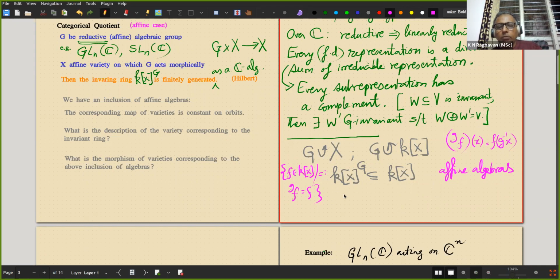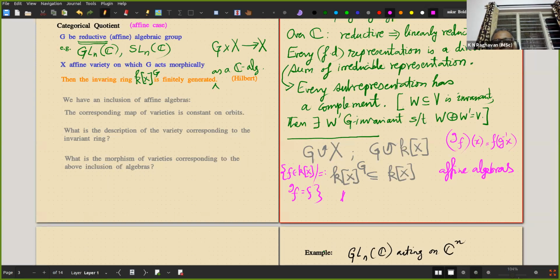Well, by now it must be clear from my previous talk and Krishna's talk that there is a one-to-one correspondence between affine varieties and, I should be more precise here, reduced affine algebras.